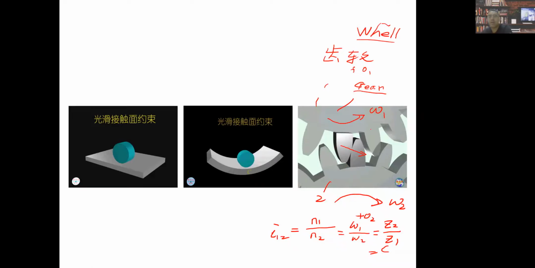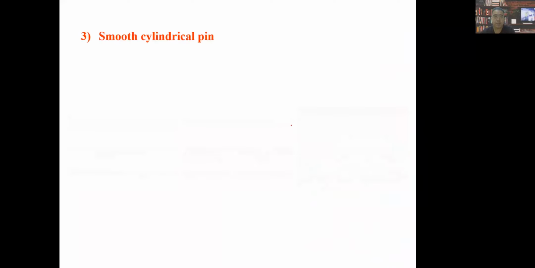So if you guys didn't know all the things I have mentioned here, it's okay. I just hope you guys have some impression, because next semester you have another course, mechanical principles. Maybe you will learn this more, right? So anyway, this is the second constraint type.